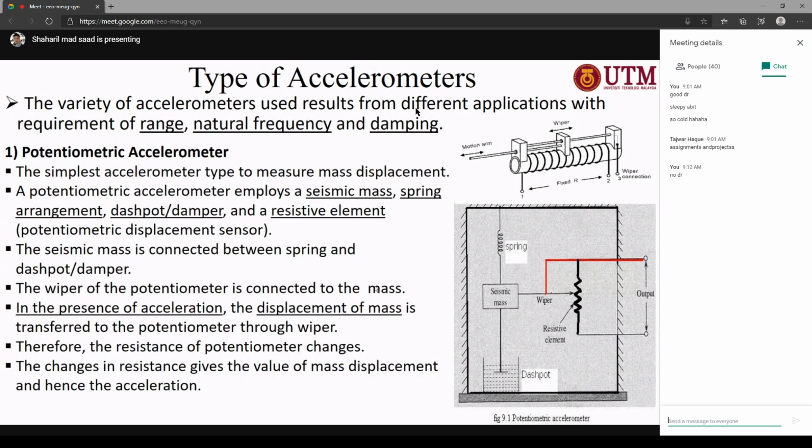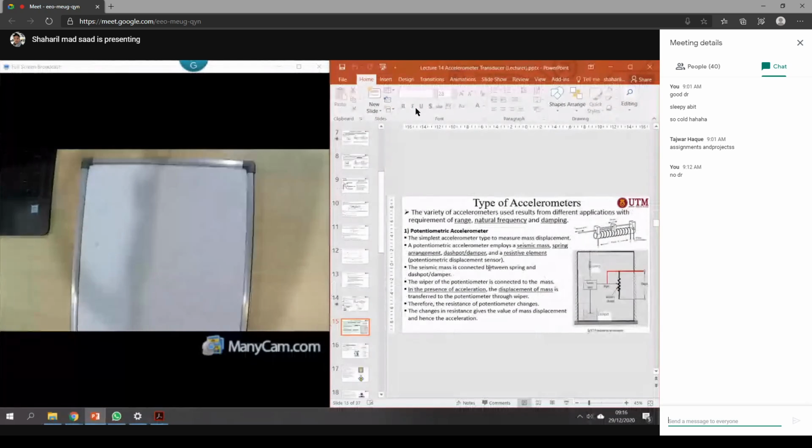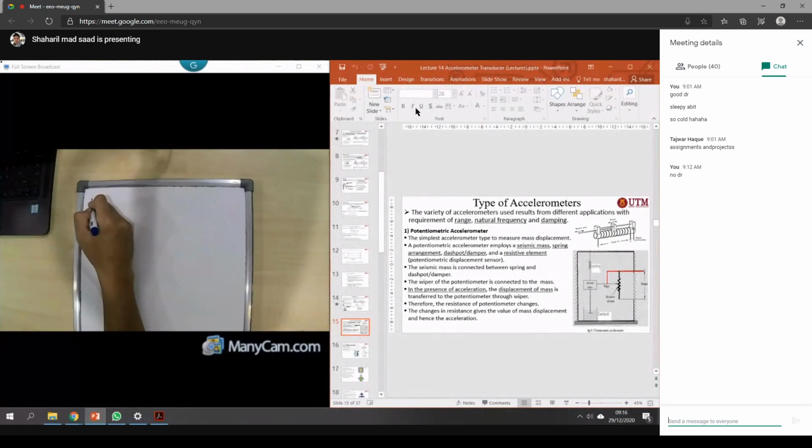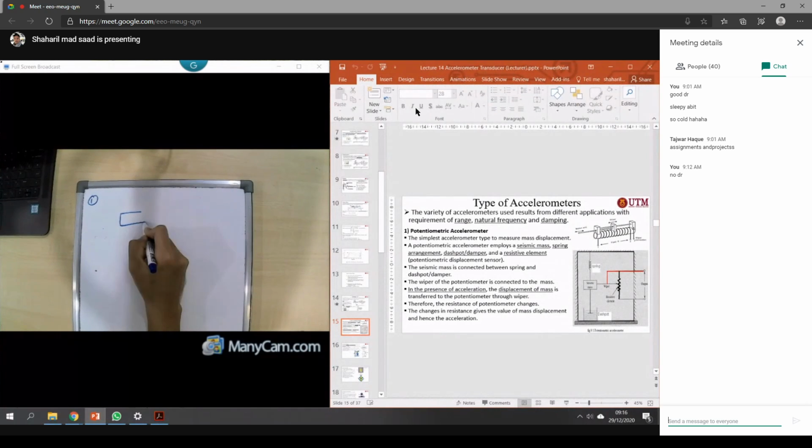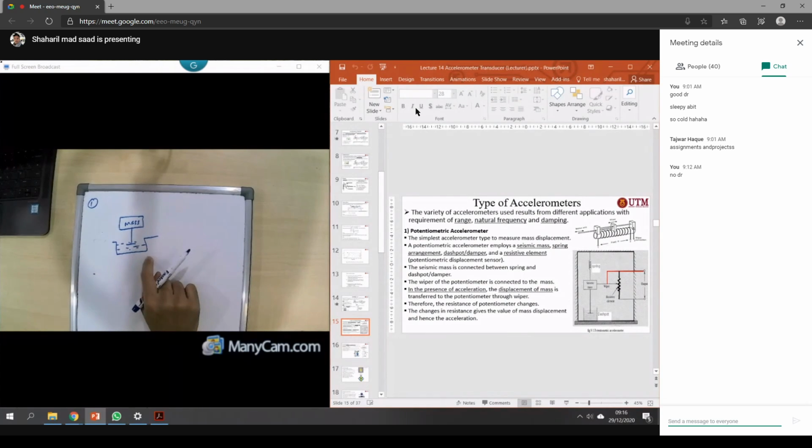In this one, you need to be able to draw, for example, the potentiometric accelerometer. It contains the seismic mass. Any type of accelerometer will contain the seismic mass. This is the mass, and it is connected to a dashpot here. The dashpot is like your damper.